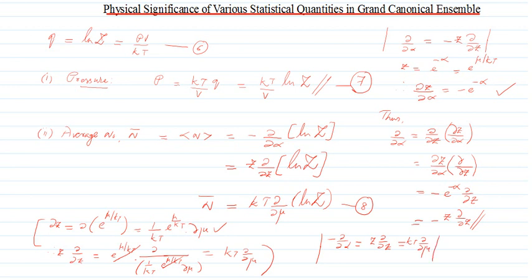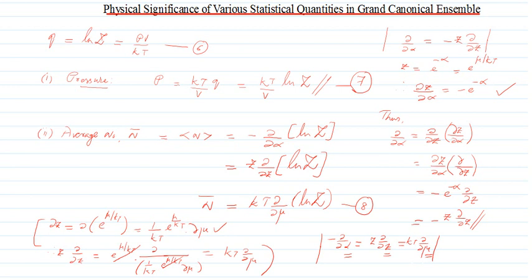Because sometimes your expression will be a function of alpha, sometimes of z, and other times of the chemical potential. Depending on how the partition function Z is expressed, whether as a function of alpha, z or μ, you have to use the corresponding partial derivative accordingly. That is why we are making this change. Anyway, equation number 8 or the previous steps also give you the average number.